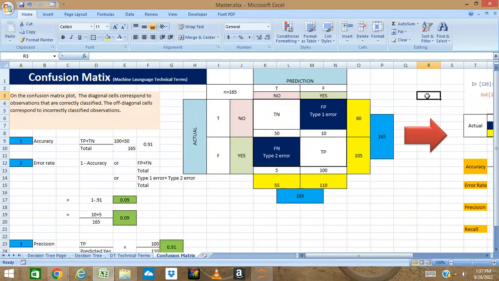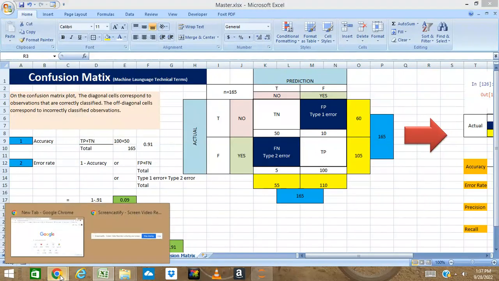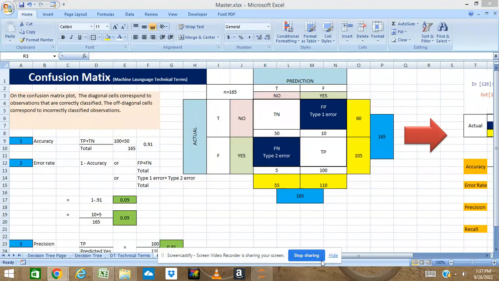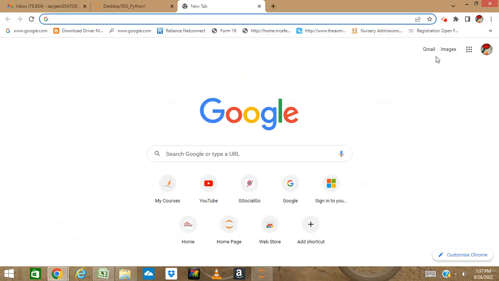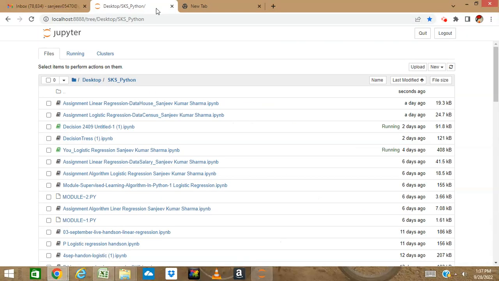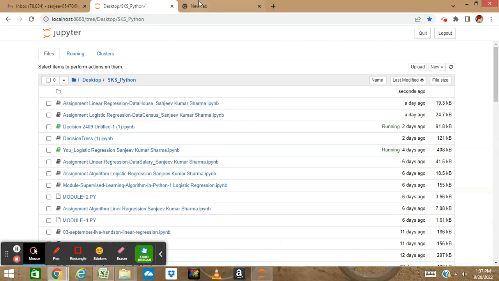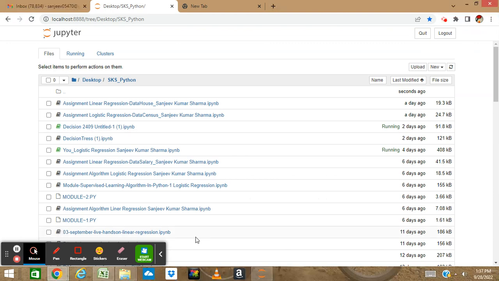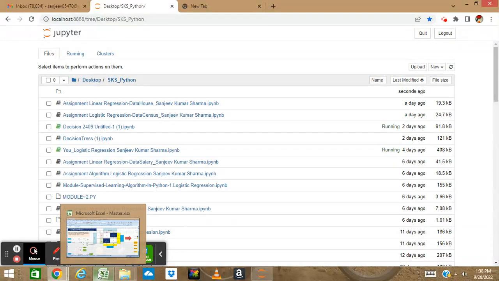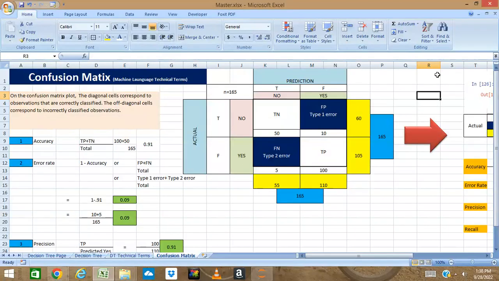If you guys remember, we have done one case study, right? That case study is that one. Yes, we have done that case study for the bank, same as what we are discussing.